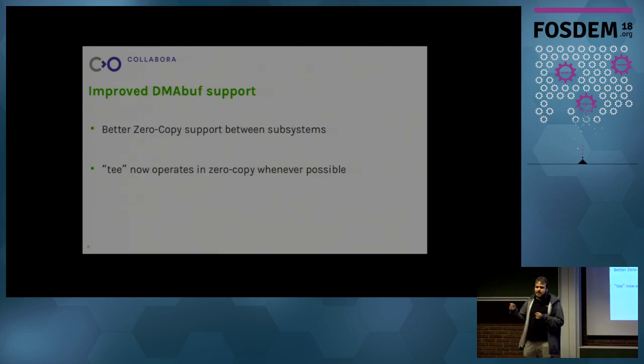DMABuf is a Linux kernel mechanism to share hardware-friendly buffers that have some specific layout between different subsystems of the kernel. Without that, you needed either some kind of specific extensions or to do a memory copy for no good reason, just because the different Linux subsystems don't really talk to each other otherwise.